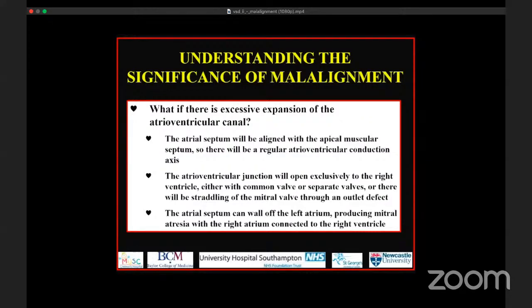But because of the expansion of the atrioventricular junction, now the right atrium will be exclusively connected to the right ventricle. So let's now look at this sequence. Andrew is now going to show you the hearts that are going to show us the consequence of excessive expansion of the atrioventricular canal.